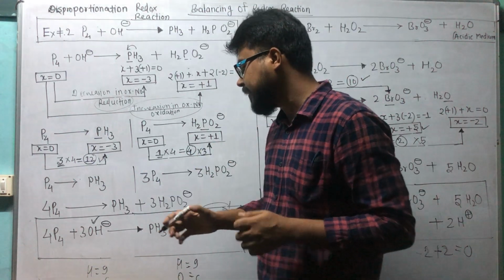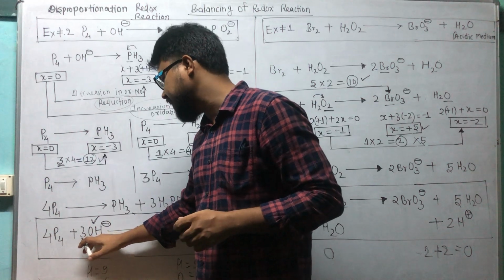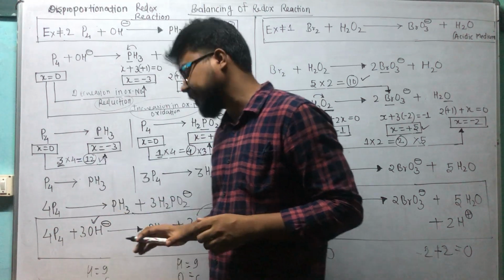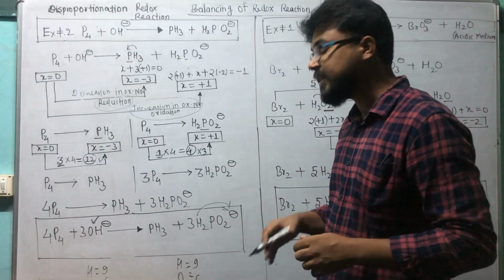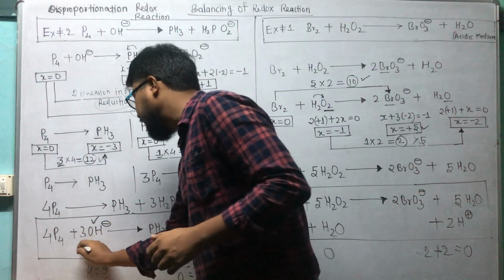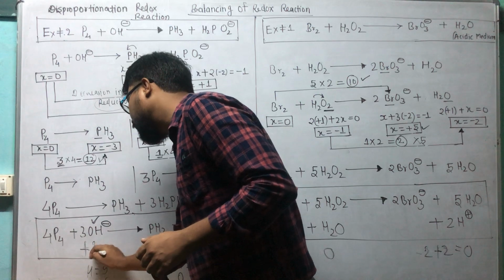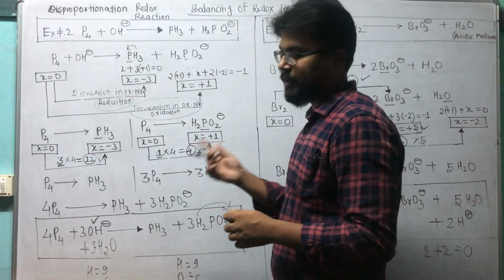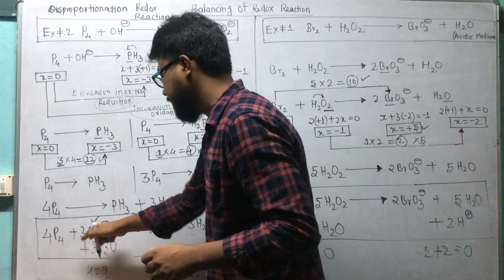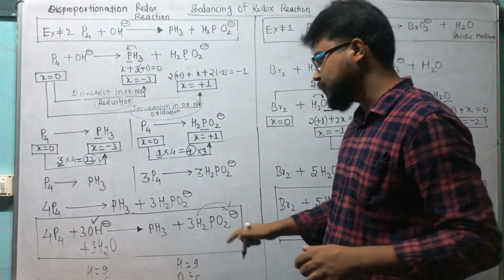So I can calculate here total hydrogen is 3, total oxygen is 3. Here total H is 3 plus 3 into 2, 6, which means 9. So if I add 3H2O, it will be balanced and further the oxygen atoms will be balanced. O atom is 3, 3 and 6, here 3 into 2, 6.